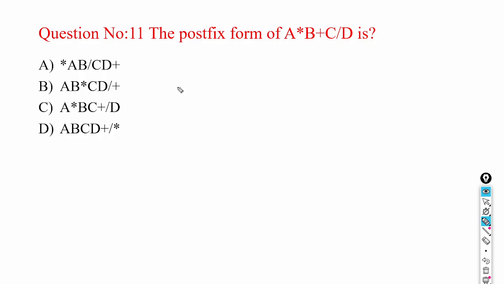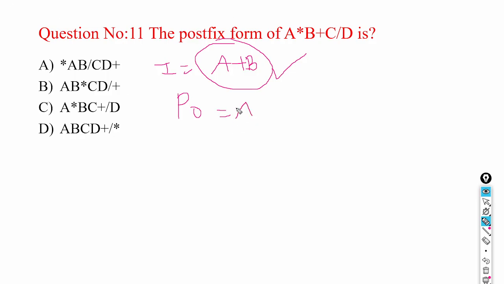Okay. So simply, I will explain. There is an expression A plus B. First we'll discuss infix. It is in infix format because the operator is between the two operands. Then postfix: the operator is after the operands.